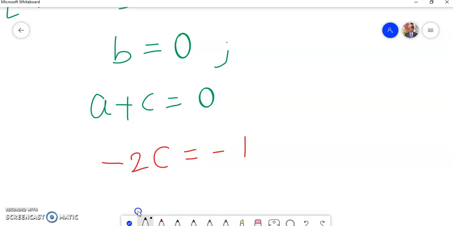So this minus will get cancelled from both the sides, and you will get that C is equal to 1 by 2.